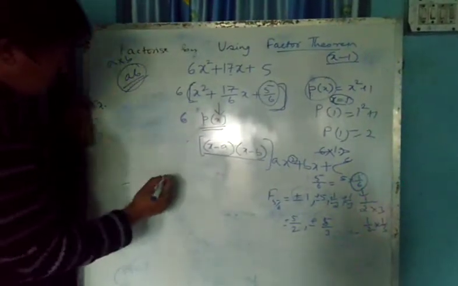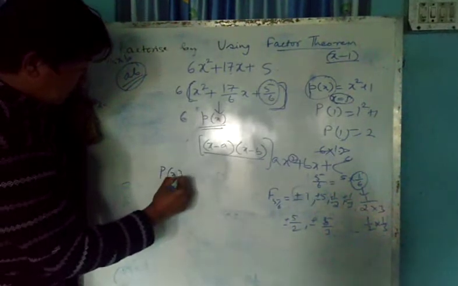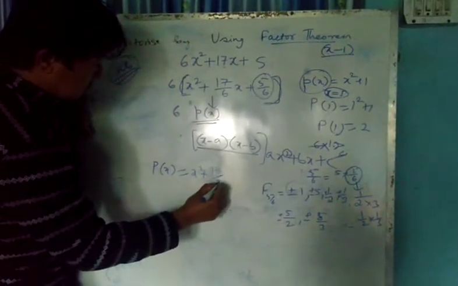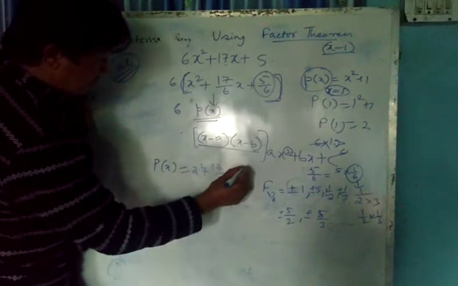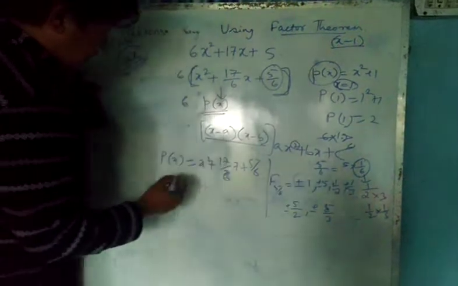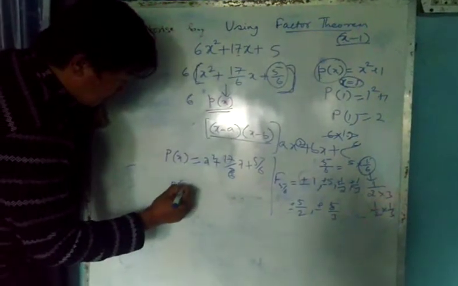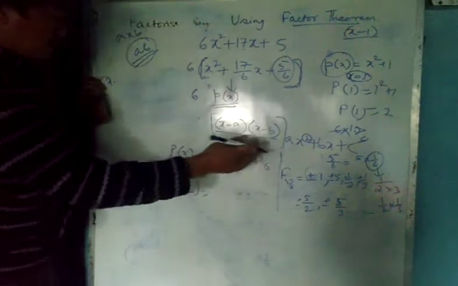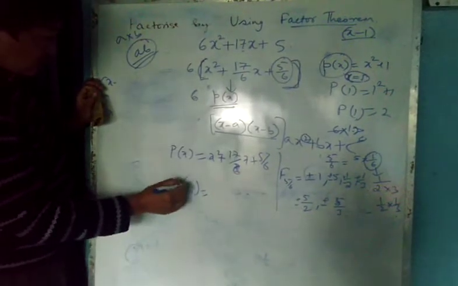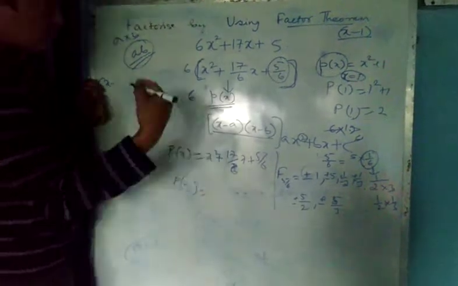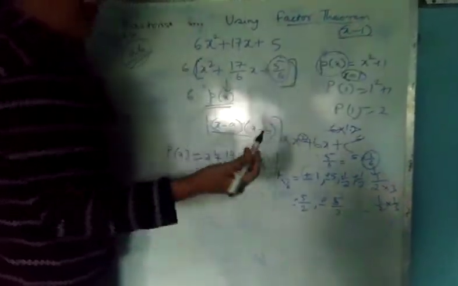Okay, so let us see, p(x) is equal to x square plus 17 by 6x plus 5 by 6. So let us say minus half p. Okay, let us put positive half. Positive doesn't work, because all are positive, so ultimately the answer will be positive only. If it is a factor, we need 0 according to the factor theorem.